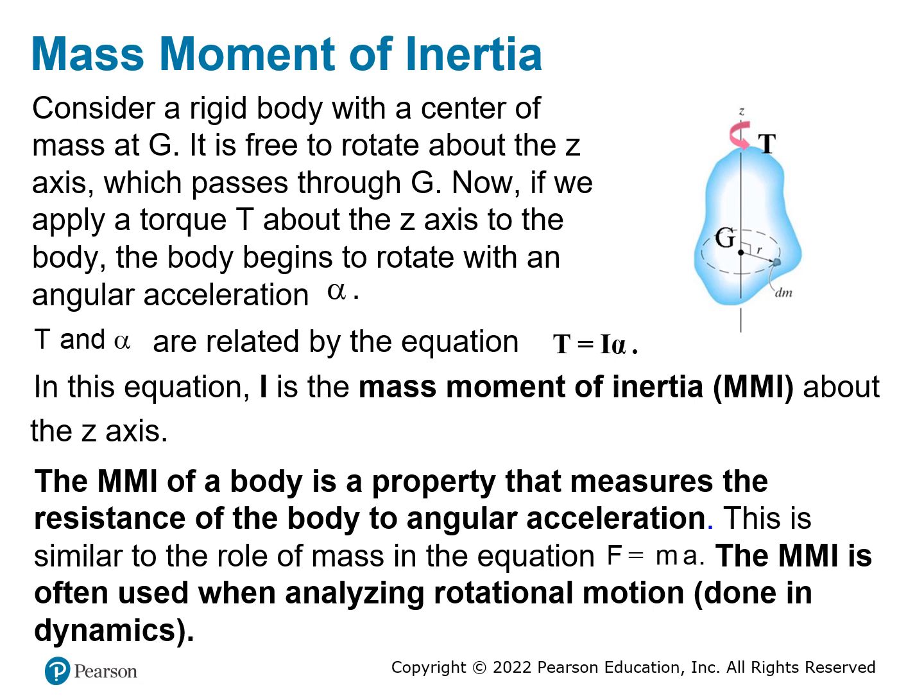Torque is the force times the distance from the rotating axis. And I is the mass moment of inertia. Alpha is the angular acceleration, which is this one here. So again, the property is how it resists the rotational motion.